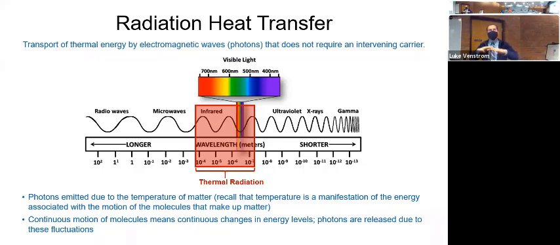We don't have to do anything special to get these photons to come out. Photons are coming out of my skin, my jacket, the floor, the table, everything. Anything that has a temperature is emitting photons. But the photons associated with that emission tend to be restricted to this range of wavelengths, which is why we call this the thermal radiation spectrum.